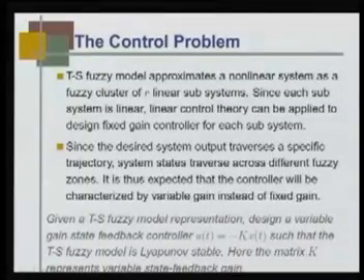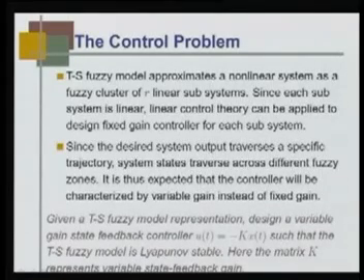It is thus expected that a controller will be characterized by a variable gain instead of a fixed gain, which I have already discussed. So, the control problem is, given a T S fuzzy model representation, design a variable gain state feedback controller u t equal to minus k x t, where k is the variable gain, such that the T S fuzzy model is Lyapunov stable.